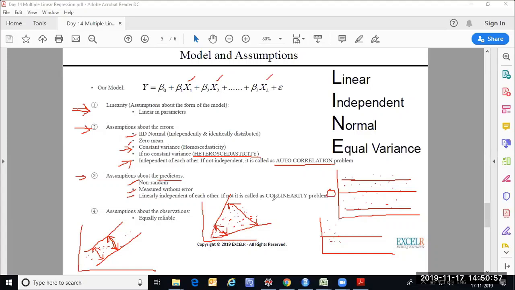The problem is called the collinearity problem. Means your x1, x2, x3, the input or independent variables, need to maintain a linear relationship with the output variable. They should not maintain any sort of relationship among themselves.